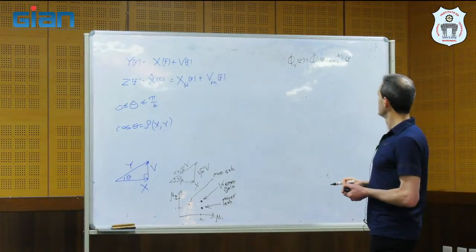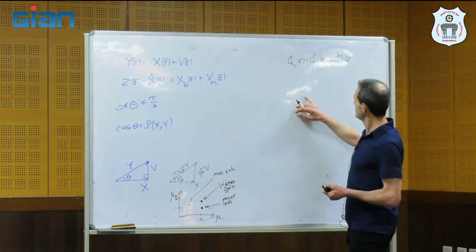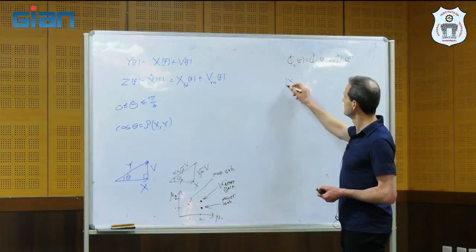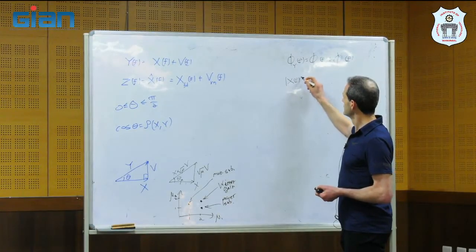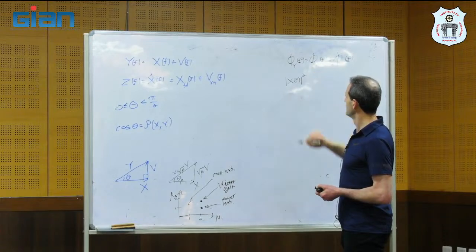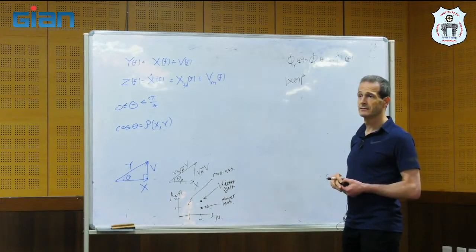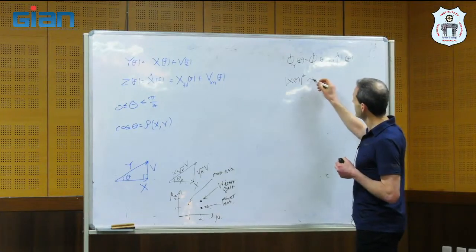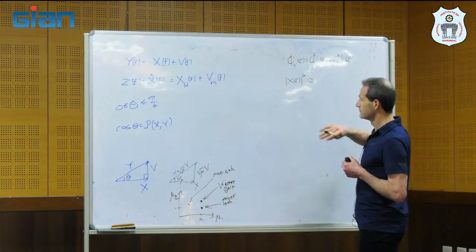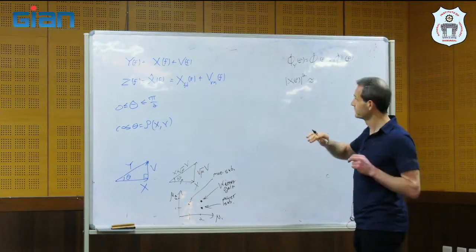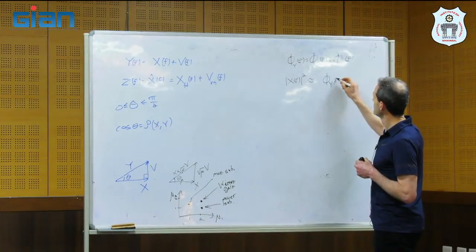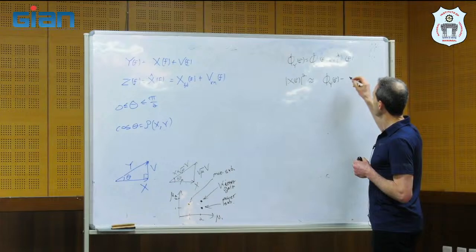Okay. So we can write it like this, that the magnitude squared of x, which is not the variance, we can say it's approximately equal to phi y minus phi v.